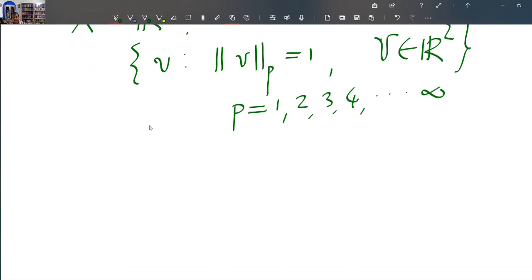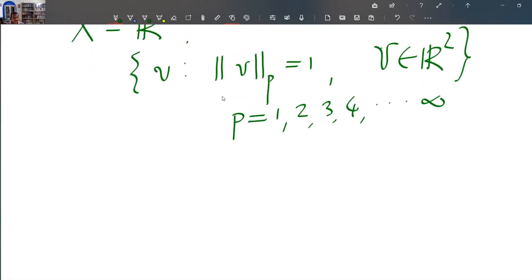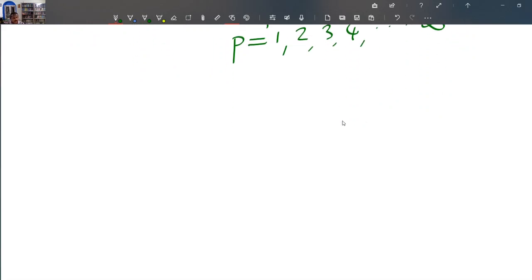So this is actually the unit circle on R^2 with respect to different norms, the 1 norm, 2 norm, etc. We are going to analyze what the unit circle is in each norm.